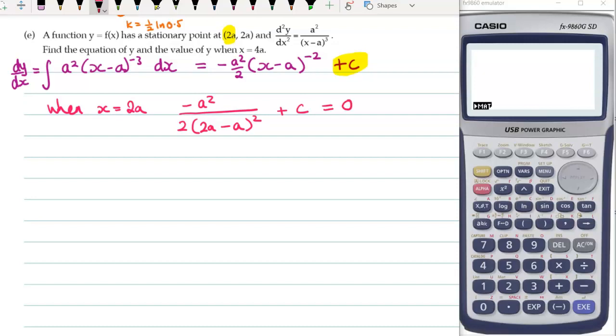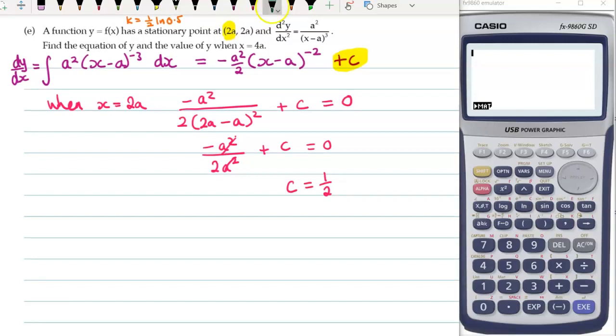That's going to be equal to 0. So we have minus a squared over 2a minus a, which is just a, so this is 2a squared, plus c. The a squareds cancel, so c is equal to a half.